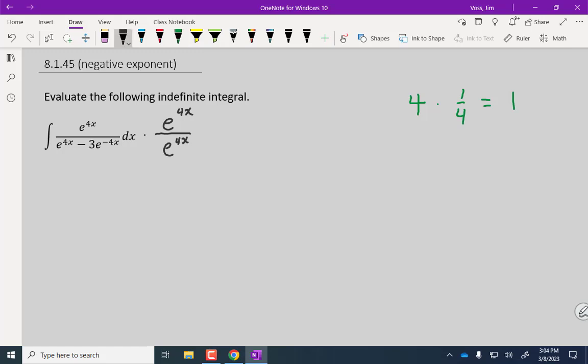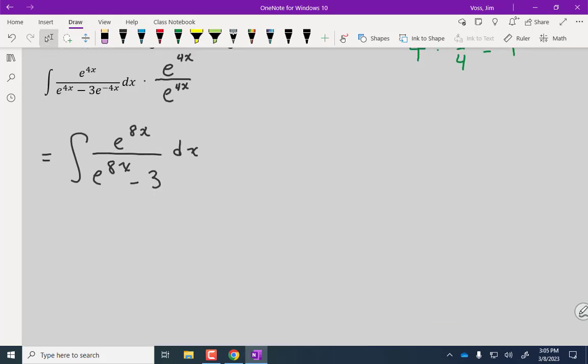So let's see how that works over here. e to the 4x times e to the 4x is e to the 8x. You add exponents. And so e to the 4x times e to the negative 4x is e to the 0. e to the 0 is 1.